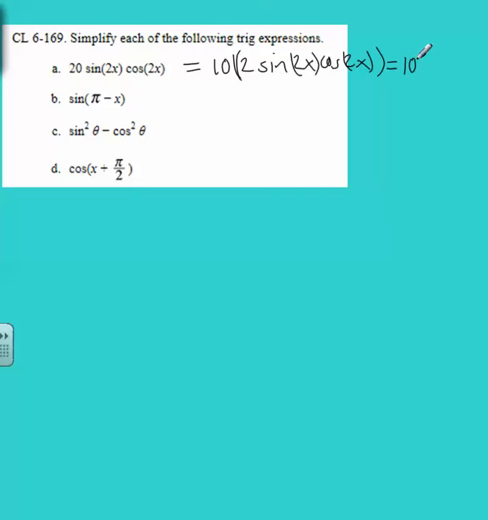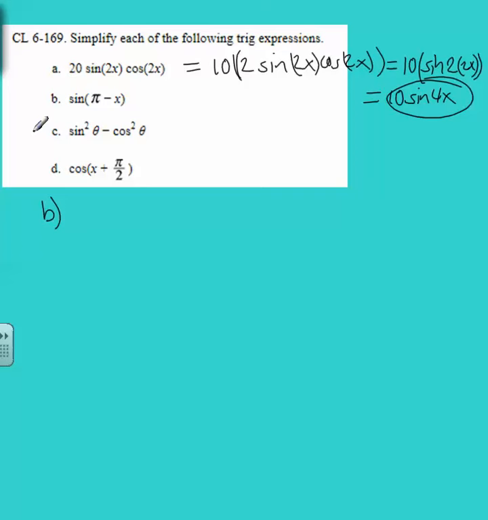So I end up with 10 times sine of 2 times 2x. And this simplifies to 10 sine 4x. And that's A. Alright, moving on to B.